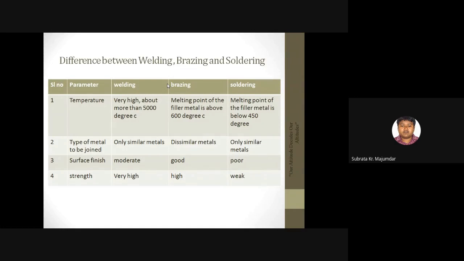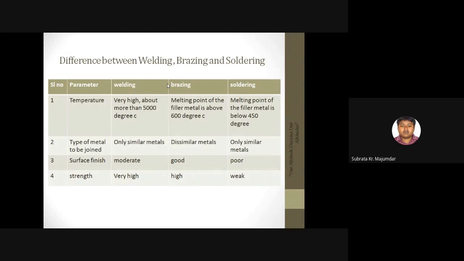Now coming to the strength. If we compare under the categorization of strength, what do we know? Welding is a high temperature joint compared to the other two. That's why the strength of the welded joint is much higher compared to the others.